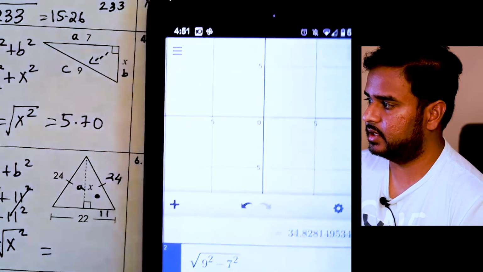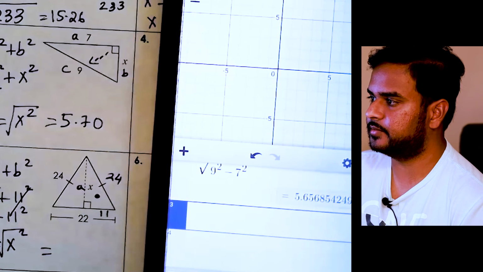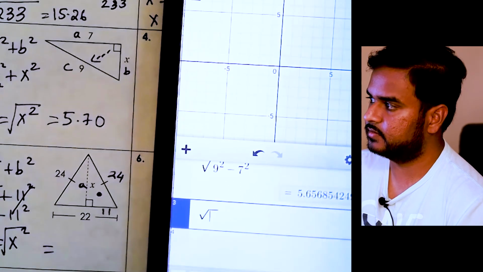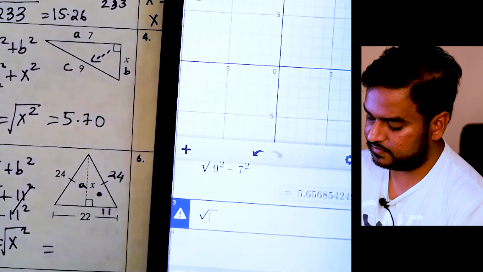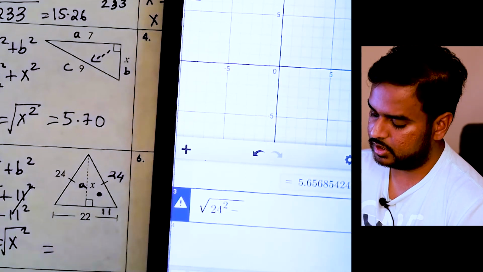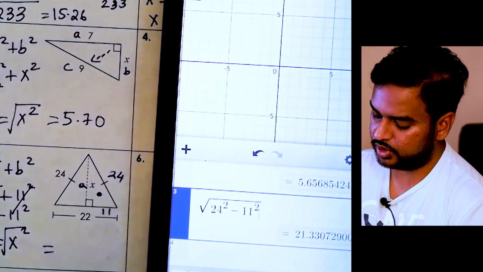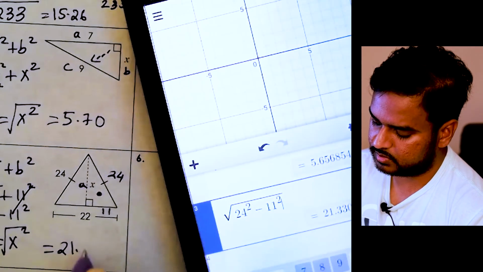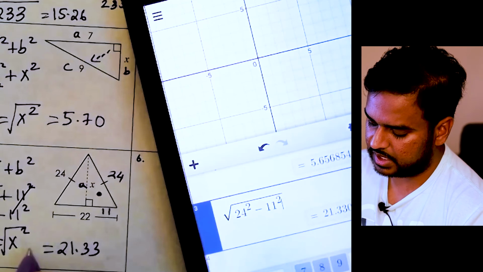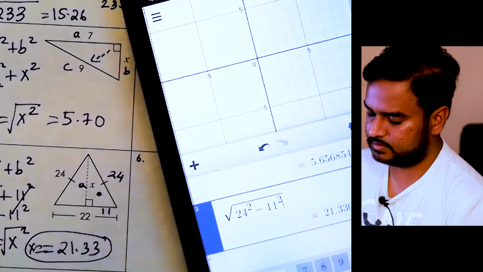Busting out my ye old Desmos calculator. Let me take the square root of 24 squared minus 11 squared. And I'm left with 21.33. And that should be my answer for x.